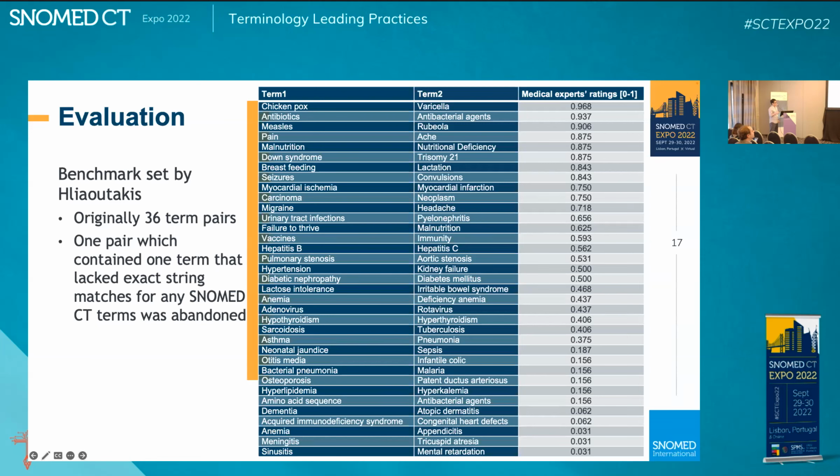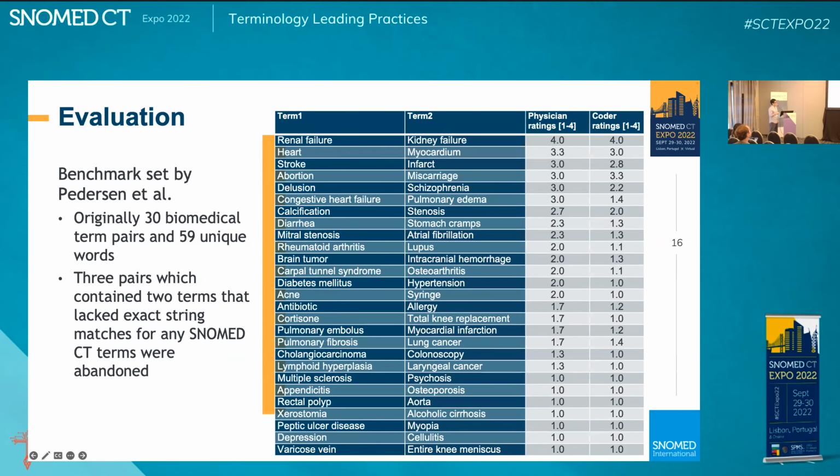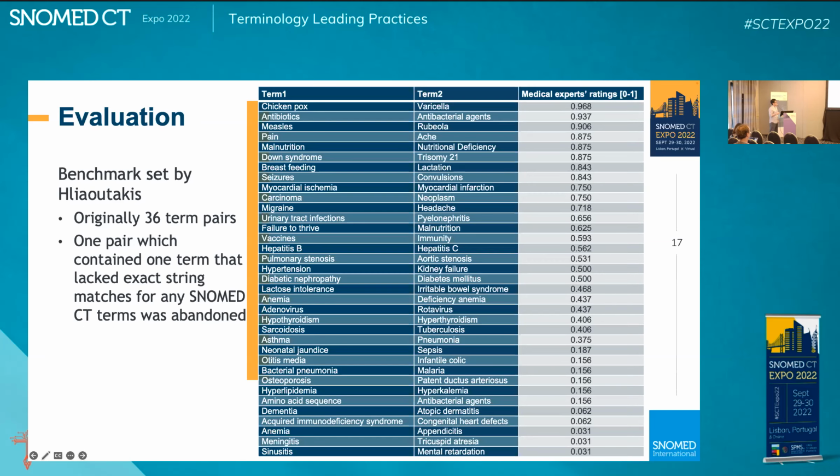But one pair which contained 1 term that lacked exact string matches for any SNOMED CT term was abandoned. So in the final analysis, a total of 27 biomedical terms from Patterson's benchmark set, and 35 pairs from this benchmark, were used.